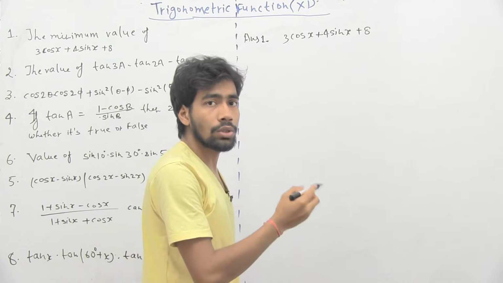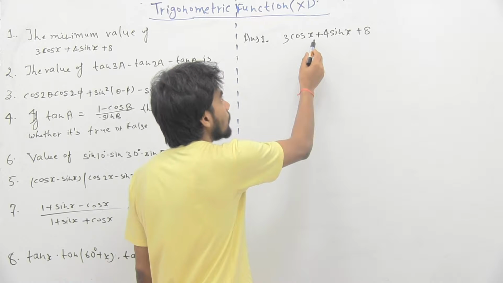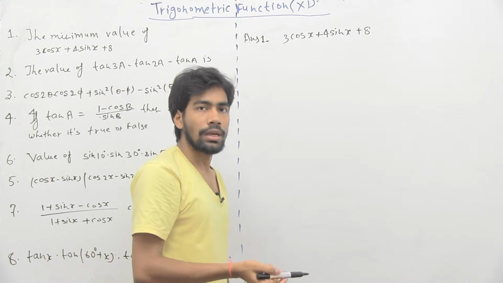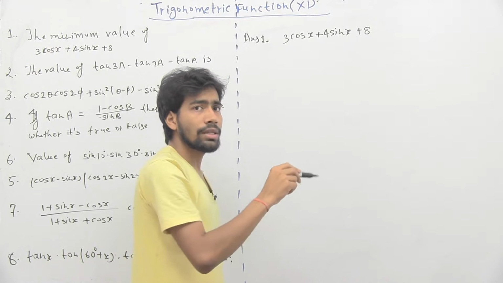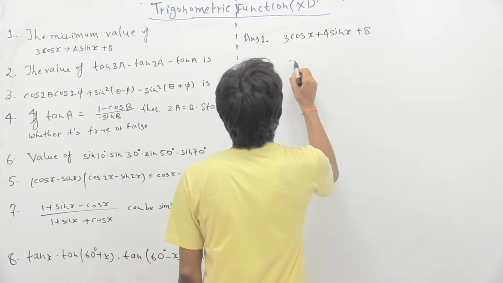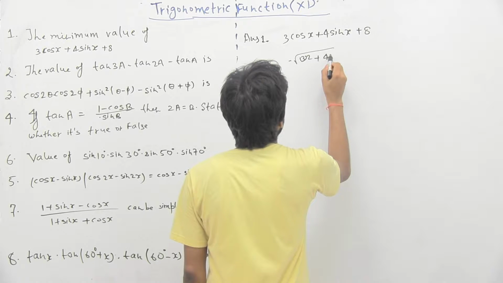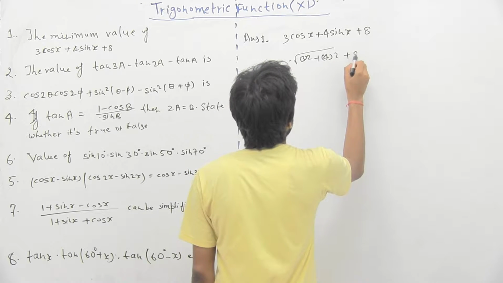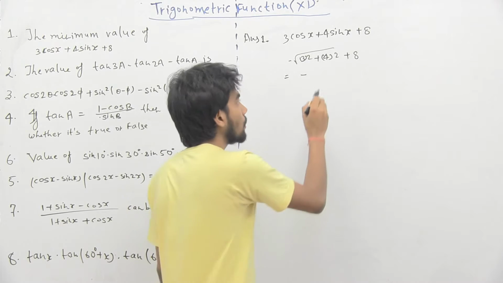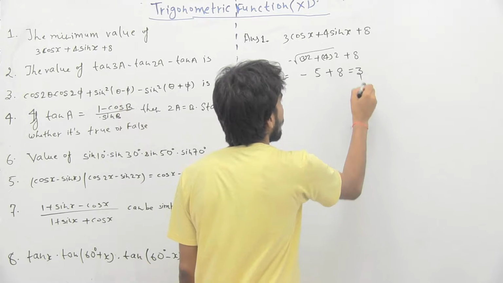Since we know that if a cos x plus b sin x, then what will be the minimum value of that? It will be minus root of a square plus b square. It equals to minus 5 plus 8 equal to 3.